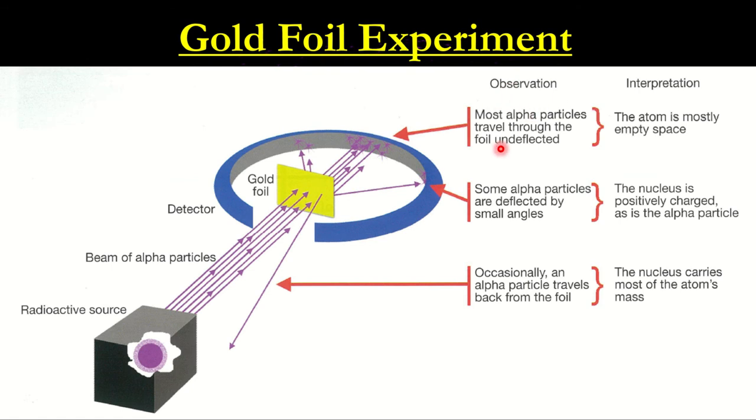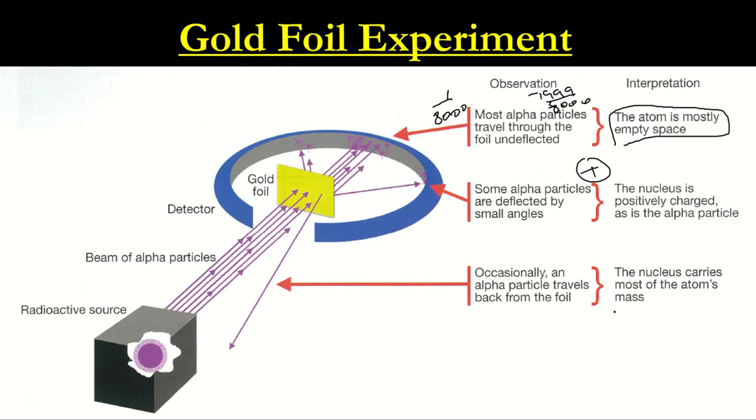So if we try and look at the observation to the interpretation, most alpha particles pass through, like we said, only 1 in 8,000 didn't do so. So that means that 7,999 would. That means the atom is made up of mostly empty space. If some alpha particles were deflected at a small angle, that would imply that our nucleus, or this center point here, was positively charged, and occasionally an alpha particle travels back toward the gold foil.